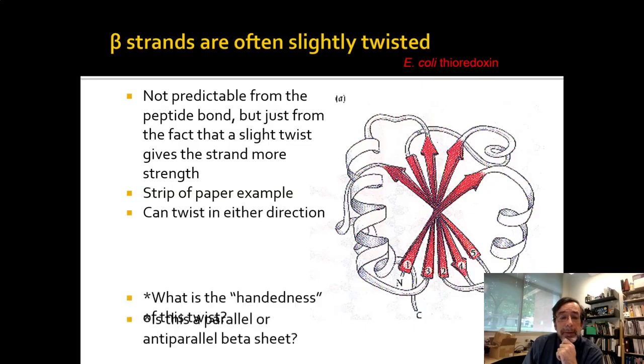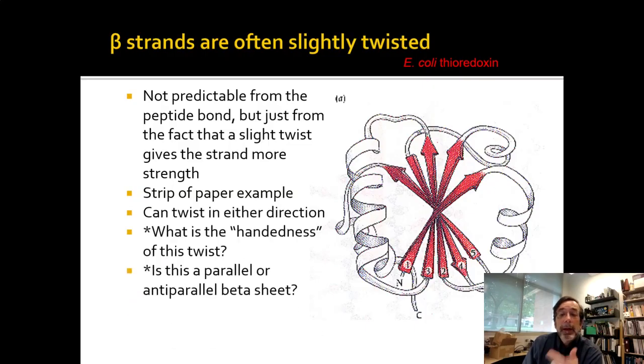You can twist in either direction, and so if you look at this figure, what is the handedness of the overall twist? Now, you have to establish an overall direction, but 4 of the 5 strands are going in the same direction. So you can establish that and move your hand along it, the direction that's established, the 4 of 5, so it's up is the direction that you move it in, and then you curve it.